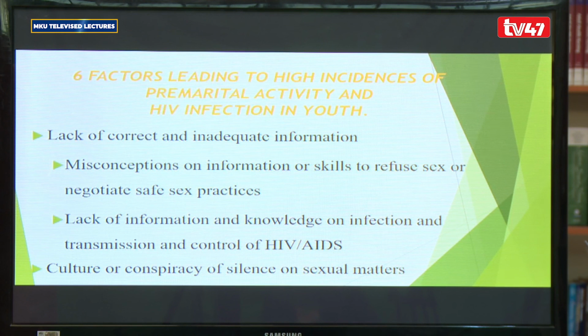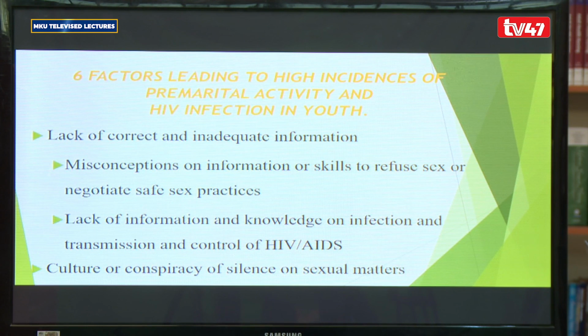The first one is the lack of correct and adequate information. Lack of information or misconceptions, or refusal to negotiate about safe sex, can lead to the high incidence of premarital activity and HIV infection among youths.